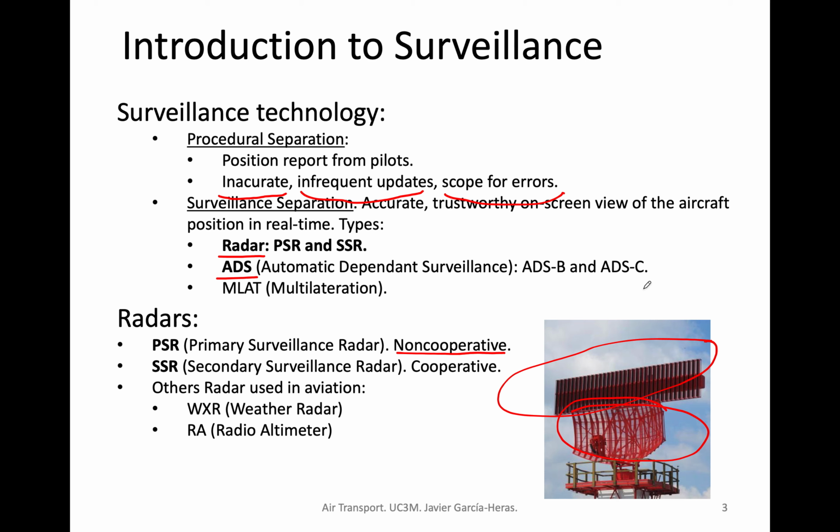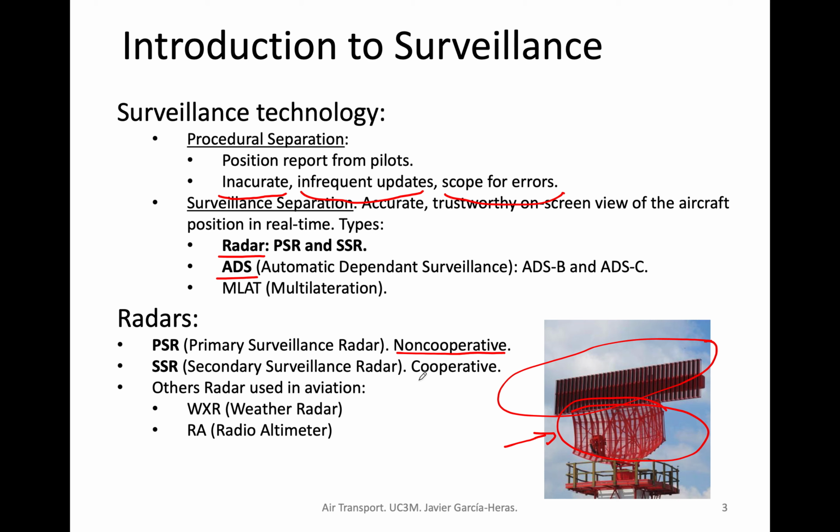And non-cooperative means there is no specific equipment, because what we are collecting with this is just the echo. We are propagating a signal from here, and what we read and interpret in order to acquire the aircraft position is just the echo coming from the plane.